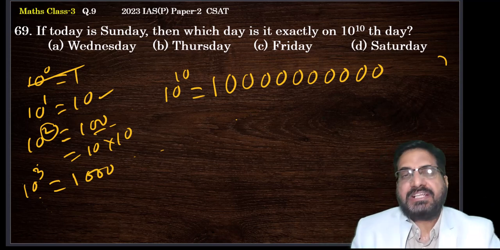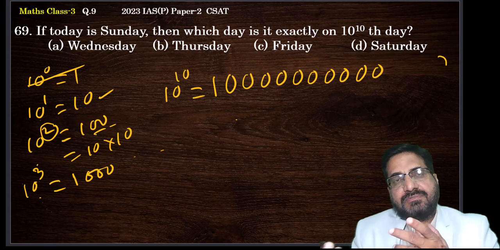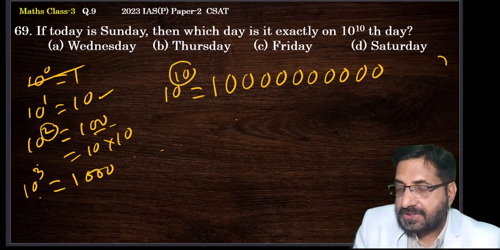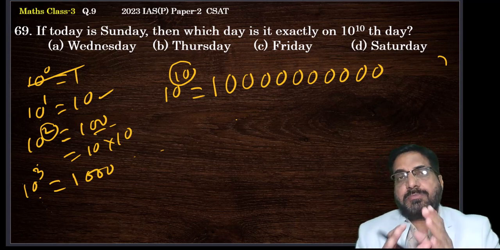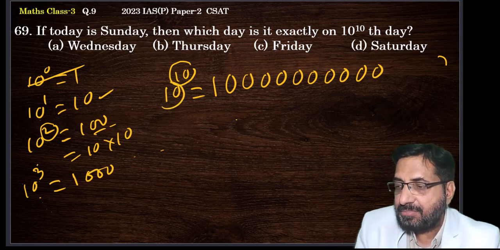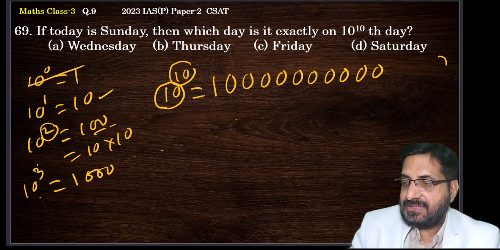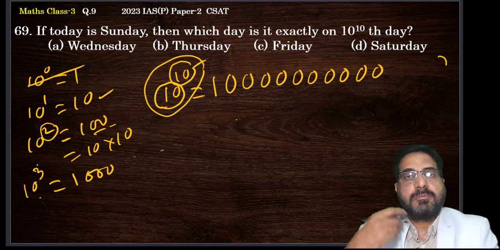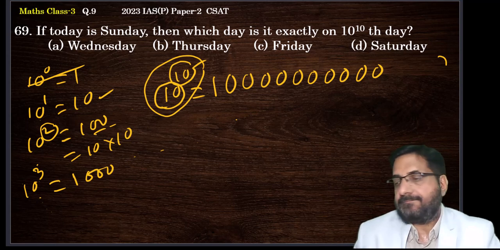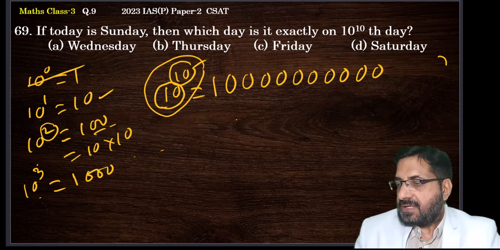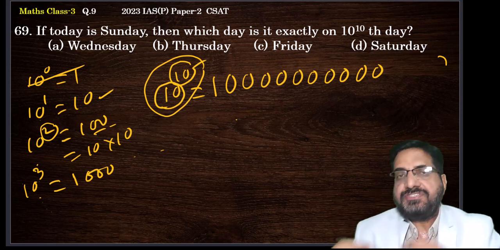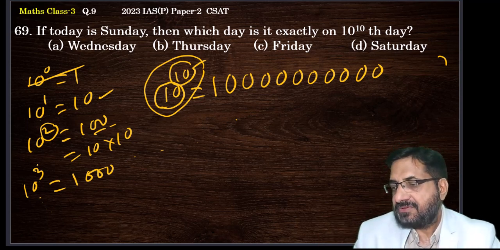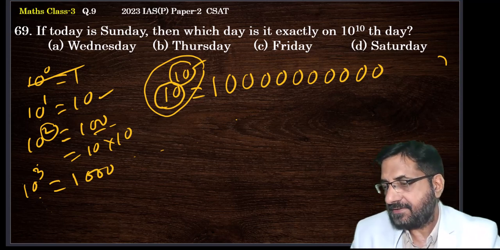Whatever the power, the index, is, that many times you multiply the base number. This is called the base, this is the index, and together they are the power. So 10 is jumping, and you get a very powerful number here.